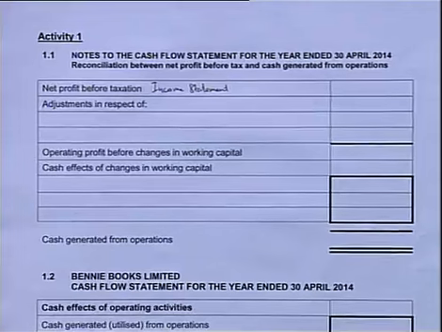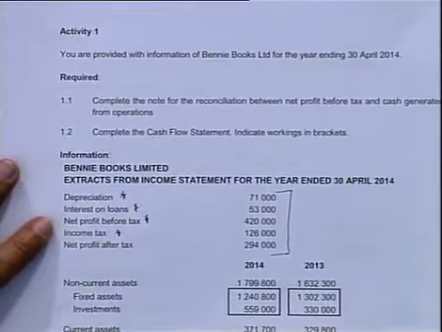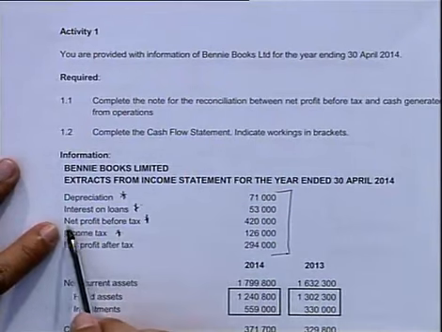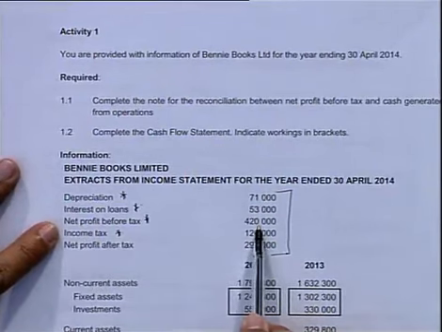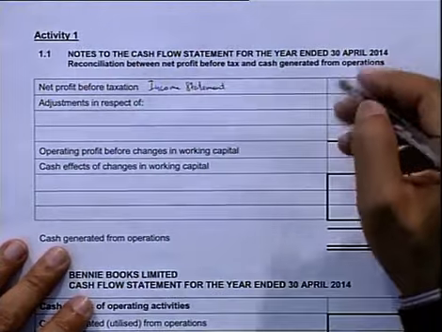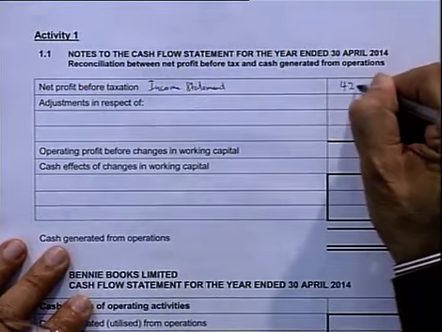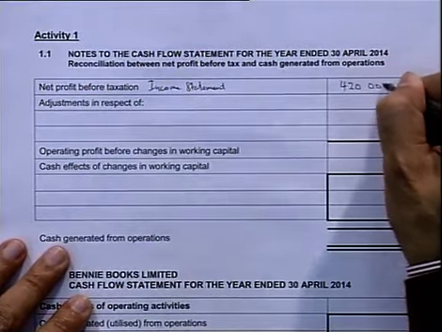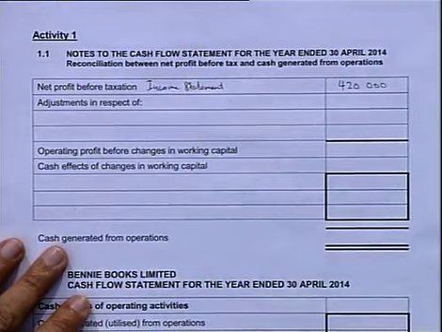So in your income statement that we circled earlier, we are looking for the net profit before tax, which is 420,000. So that figure we'll take straight away, not adjusted, just like that, 420,000. Right?